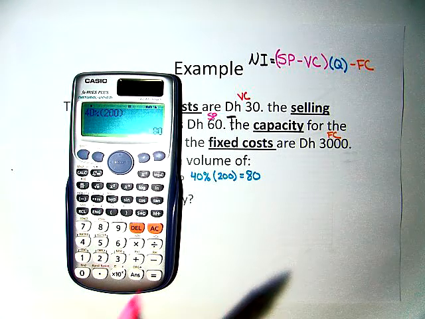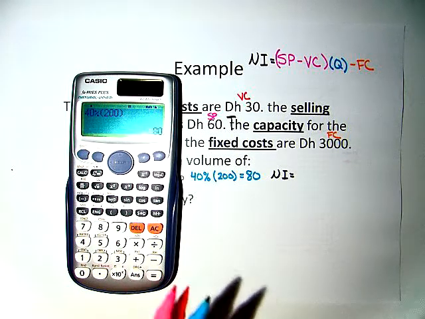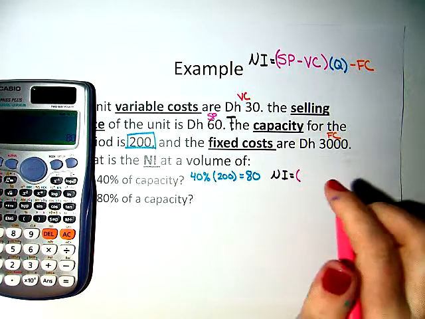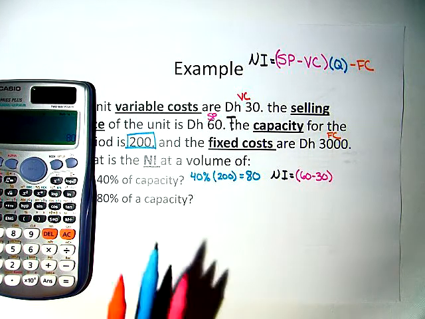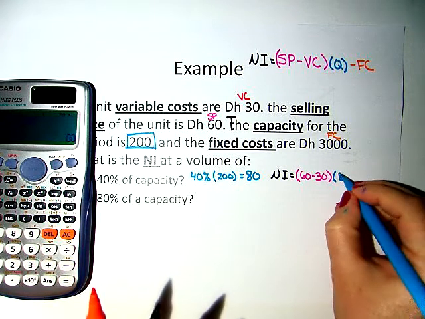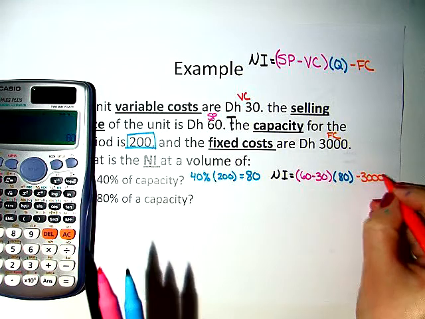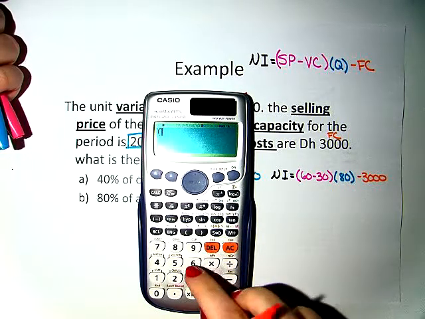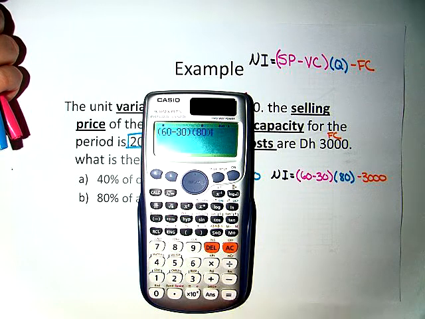So if we put that into our net income equation, it is going to be the selling price, which is 60, the variable cost, which is 30, the quantity, which is 80, and the fixed costs, which is 3,000. So we're going to put it in just like what we see: parentheses, 60 minus 30, close parentheses, times 80 minus 3,000.